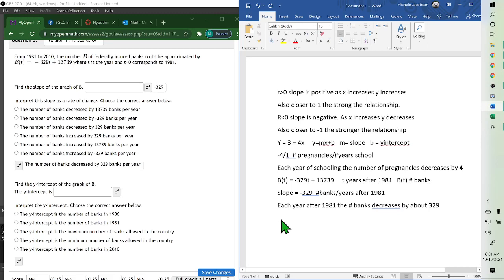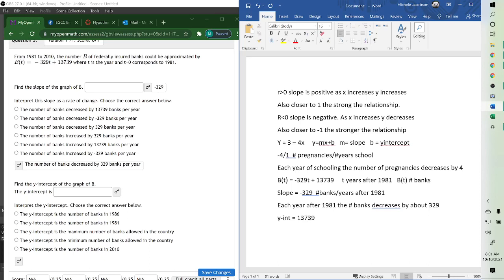The y-intercept is the constant that's by itself. So the y-intercept is the b, well, I don't want to use a b in this case, but from the equation y equals mx plus b. I didn't want you to get b mixed up with bank. 13739.